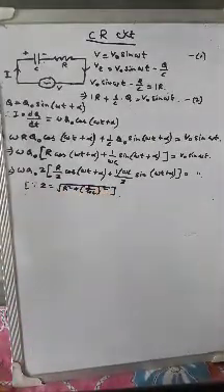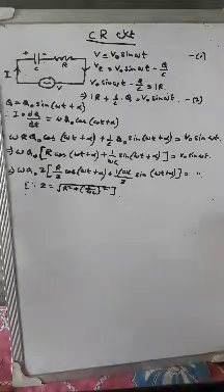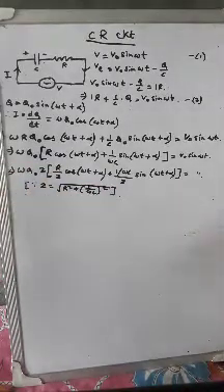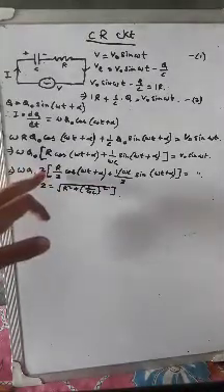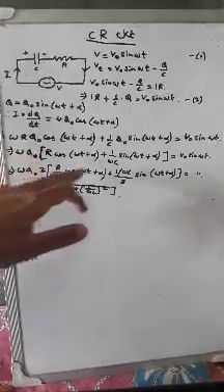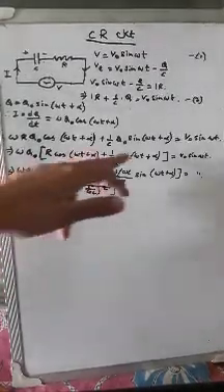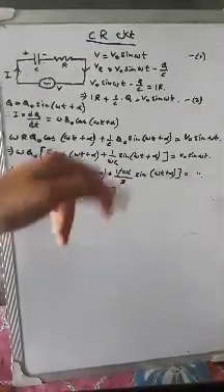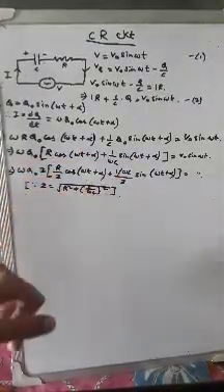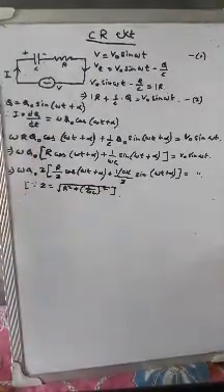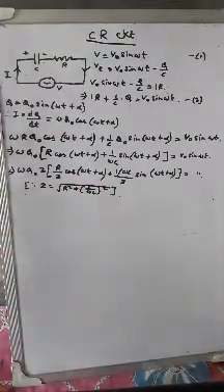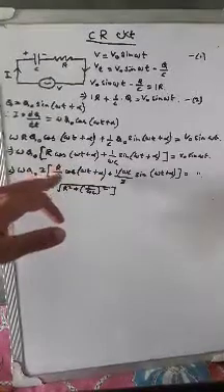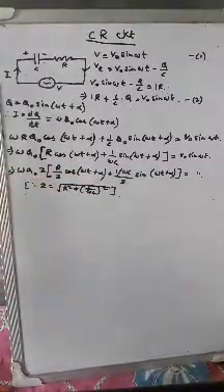Now students, what I did in this particular step I will explain. I've taken Z common. Since Z was not there in either of the terms in the previous equation, I have to divide each and every term inside the bracket by this Z, so that when you open the bracket, each term having Z as a denominator gets cancelled.